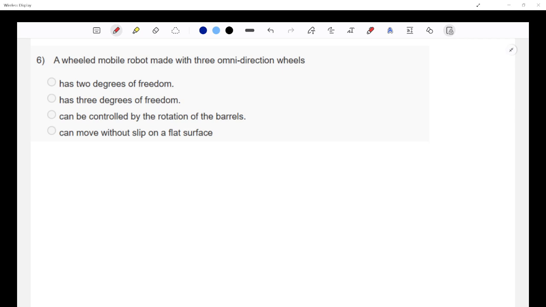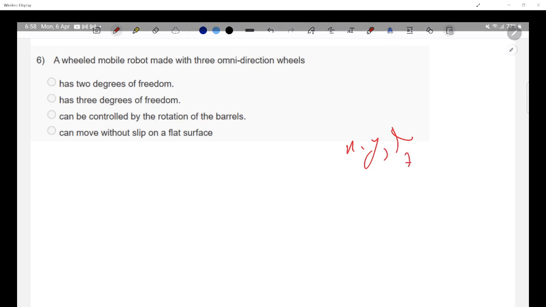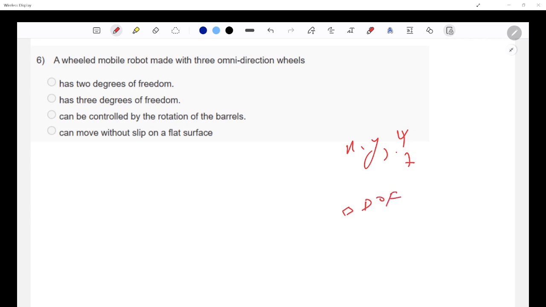For a robot moving in a plane, the full motion is x, y, psi. x, y is translation and psi is our rotation. So there are a total of 3 degrees of freedom. In conventional car-like robots, there are 2 degrees of freedom due to constraints, whereas in an omni-wheel robot, there are 3 degrees of freedom and it is fully controllable.